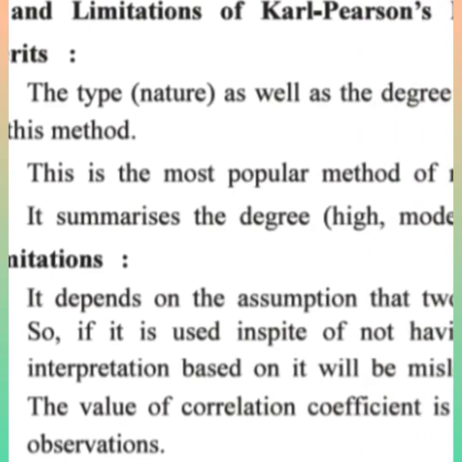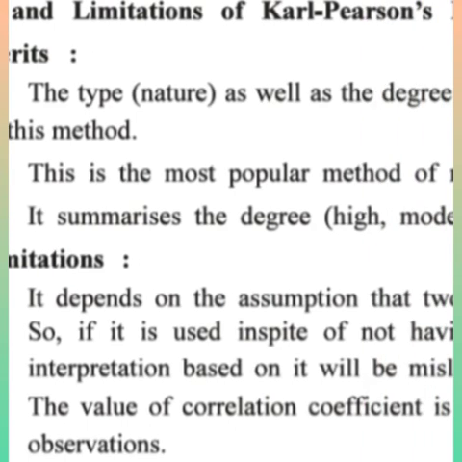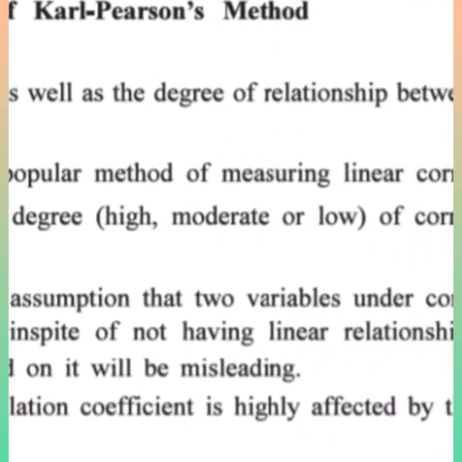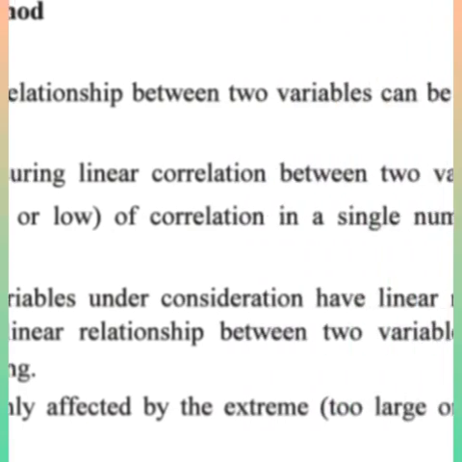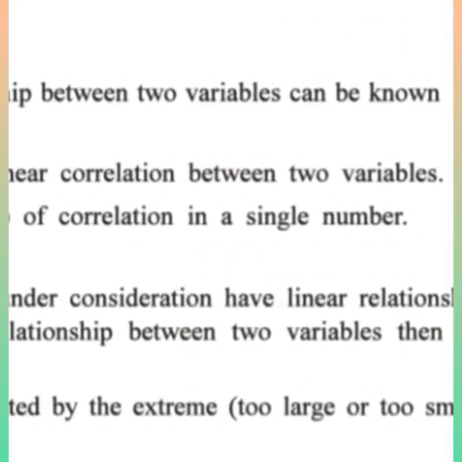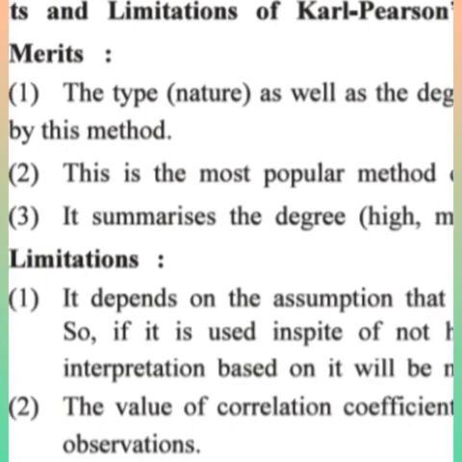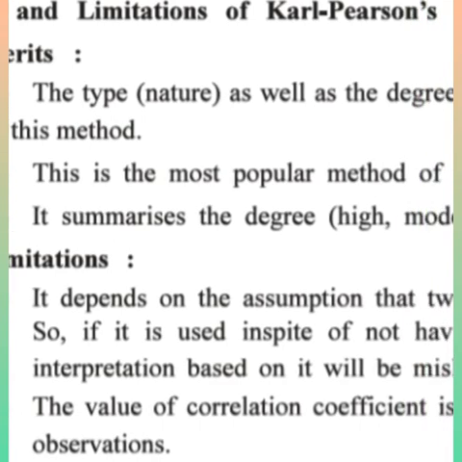The third one: utmost care is required to interpret this coefficient, otherwise the relation between the two variables may be misunderstood. Yes, children, utmost care is to be taken as we interpret both the variables.